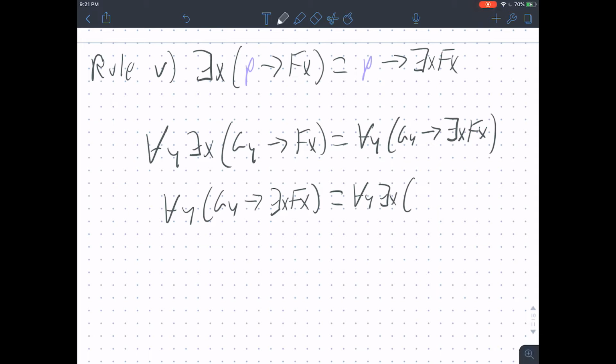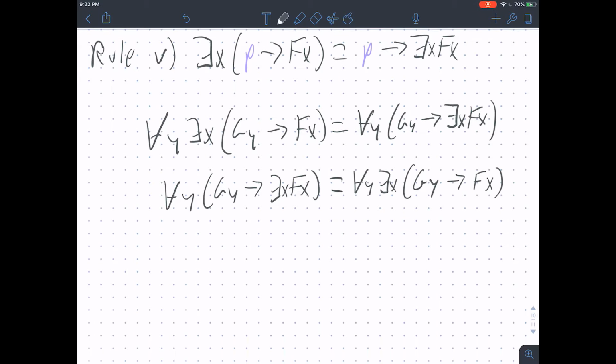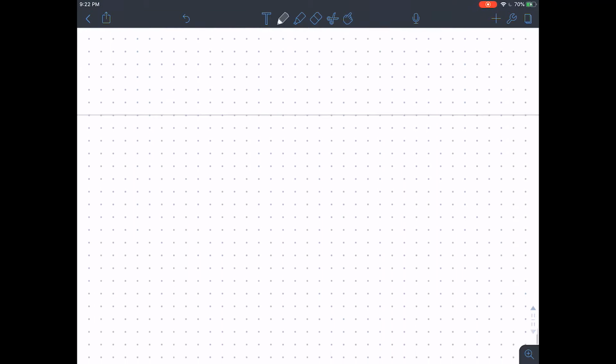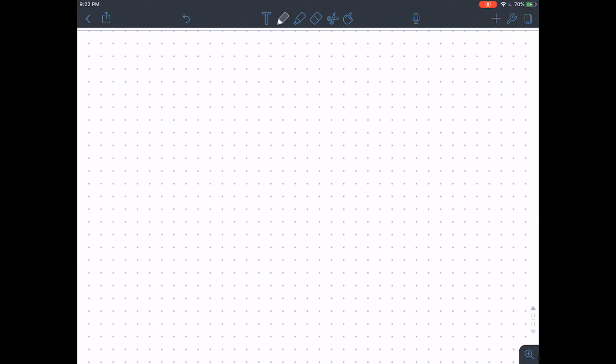Again, if you understood the previous 4, you probably have that one down. So the 6th rule, as you might expect, is the same thing for the universal quantifier.